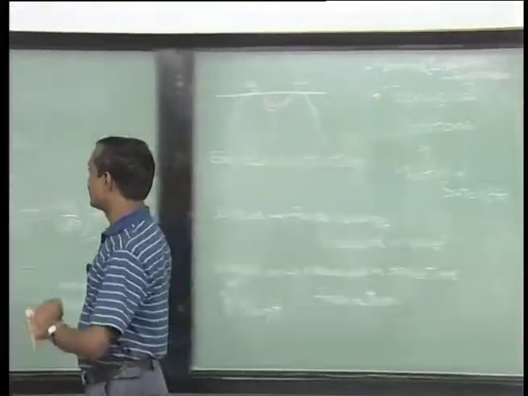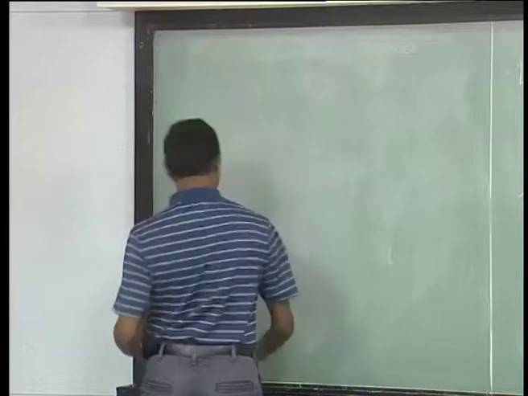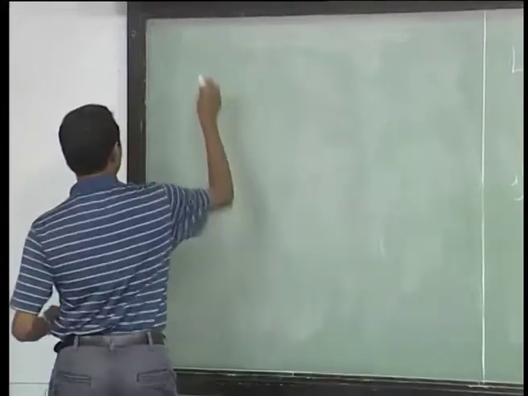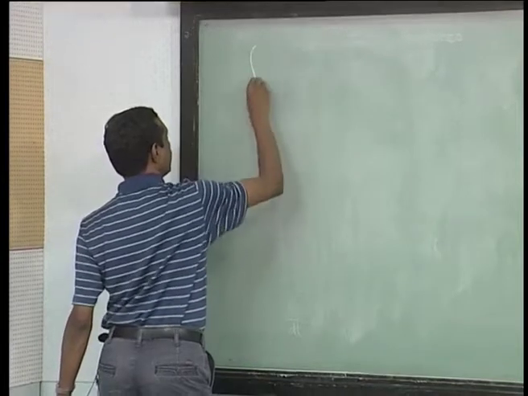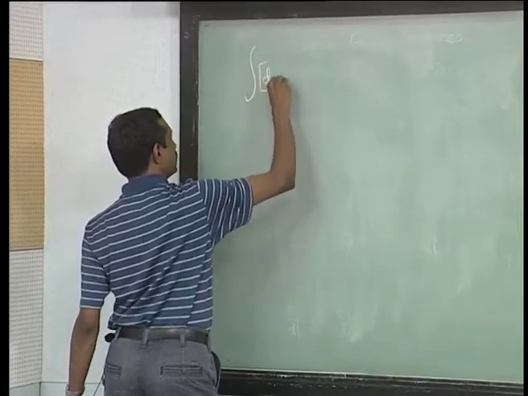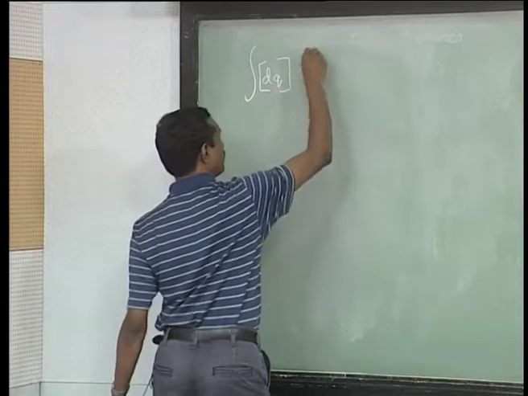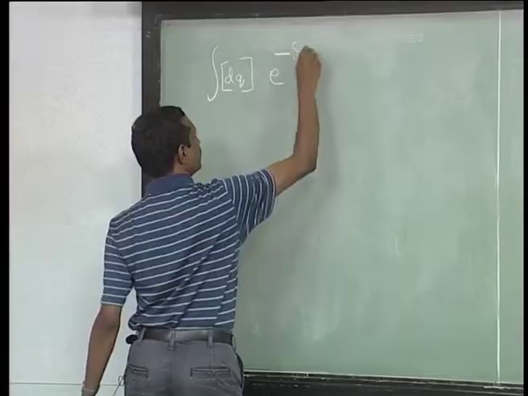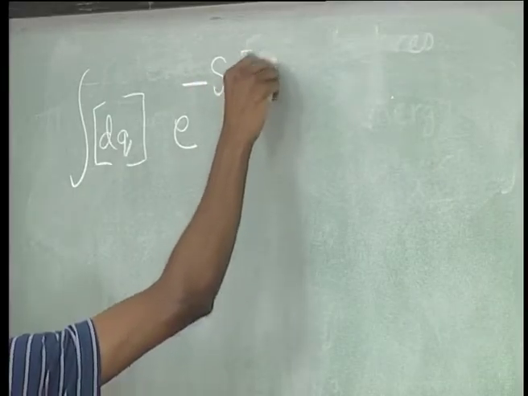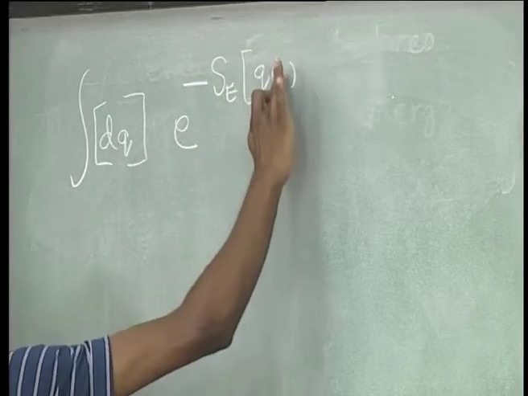So now what we have is a nice path integral. We need to carry out an integral of this kind, dq e power minus S Euclidean of q of tau.